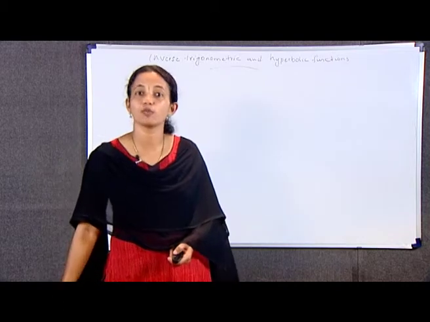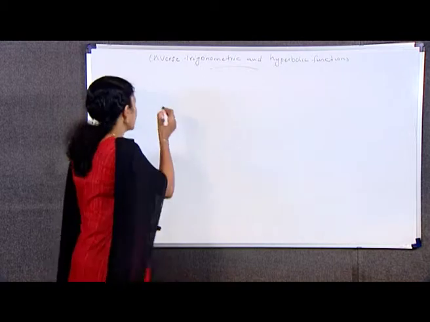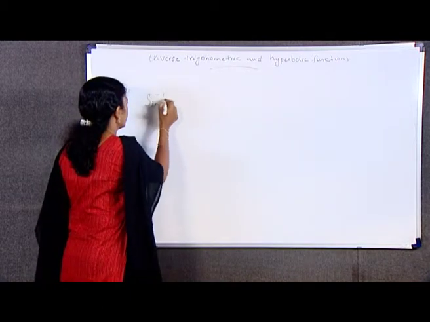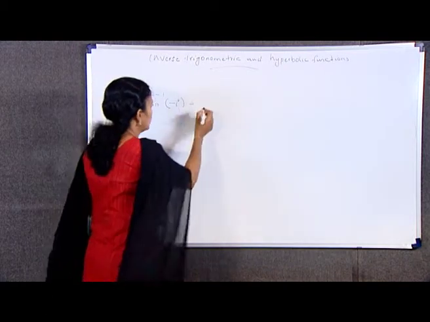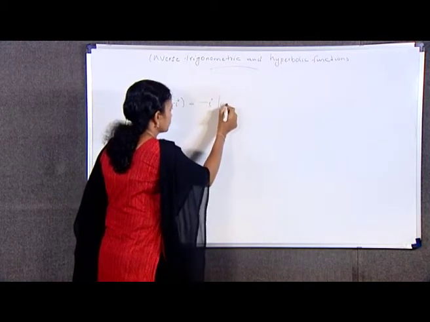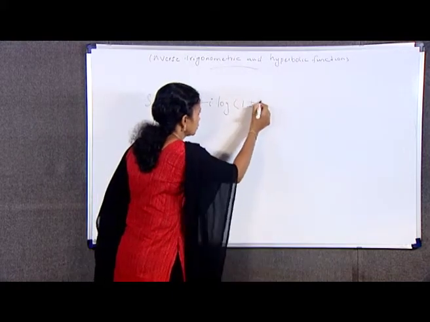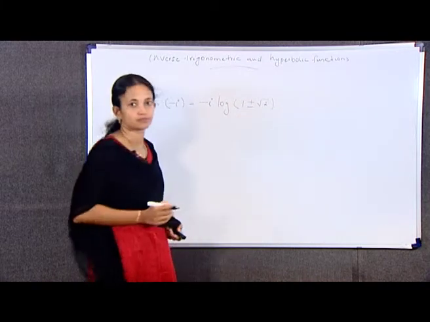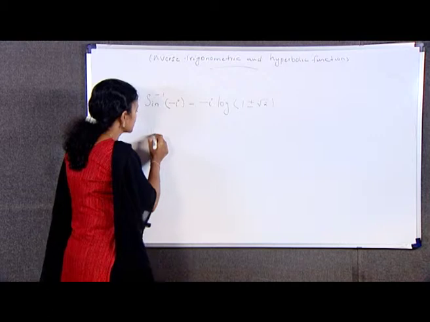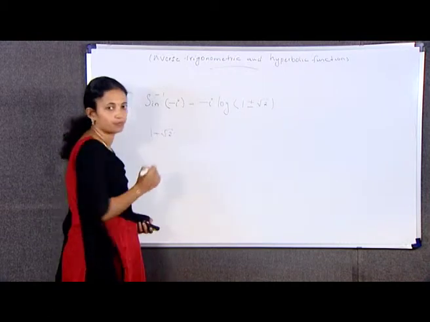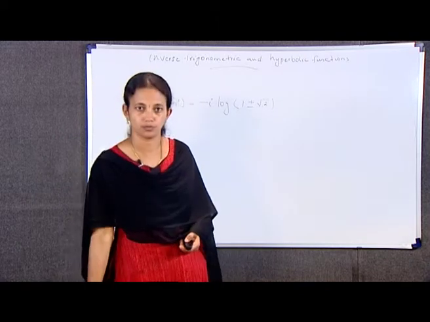putting z is equal to minus i in equation number 3, we have sine inverse of minus i is equal to minus i log 1 plus or minus root 2. That is by putting z is equal to minus i. But 1 plus root 2 is equal to 1 plus root 2 into e raised to i0.